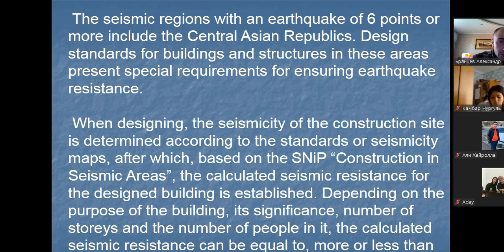So according to the soils, the underground water levels, the type of the building, the frame of the building, and so on. Many positions should be taken into account during the design of buildings in the seismic areas with seismic resistant purposes.